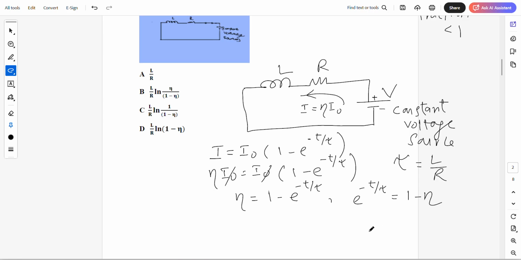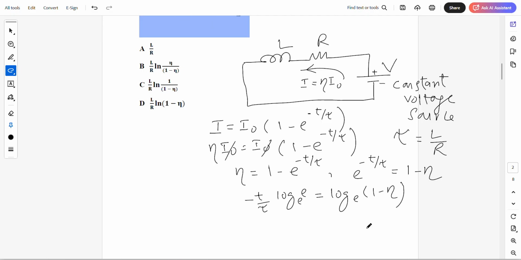Now I can take log on both sides: minus t by tau, log of e to base e, because this power will get multiplied here, that is equal to log of 1 minus eta to base e. Now what is log of e to base e? It is 1.